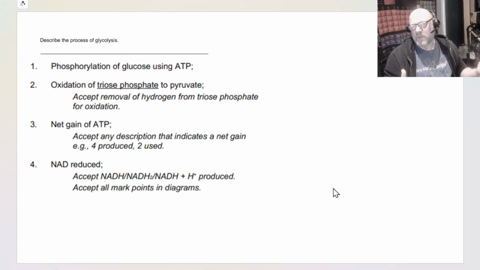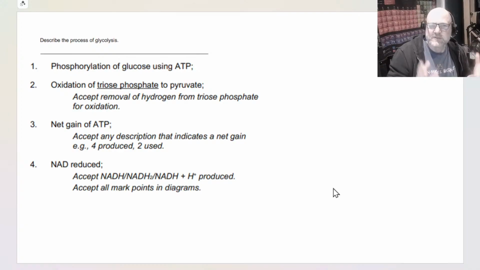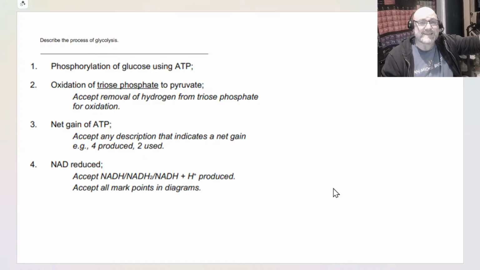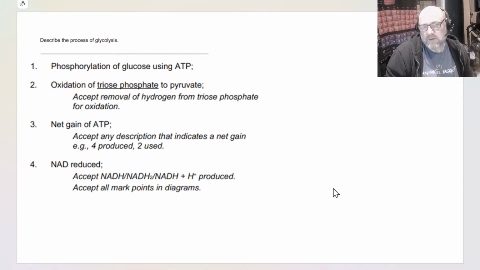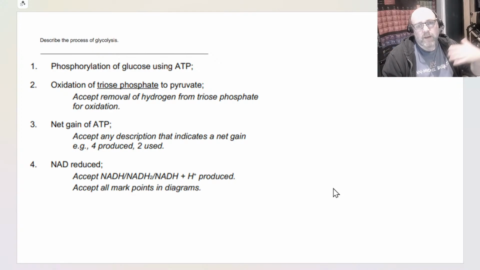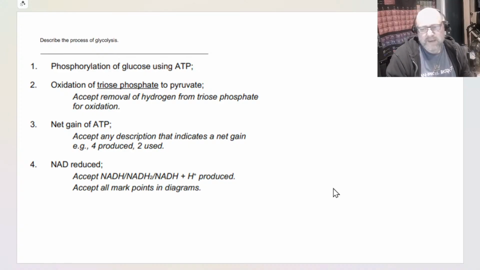So overall, I've been saying glucose is oxidized, but of course the glucose doesn't exist after phosphorylation. It ends up becoming triose phosphate. So they're being a little bit specific here, but that's fine. You just have to know your exam board. And there's a net gain of 2 ATP, and of course you make NAD reduced, which is vital for the fermentation bit where we recycle NAD. Okay.